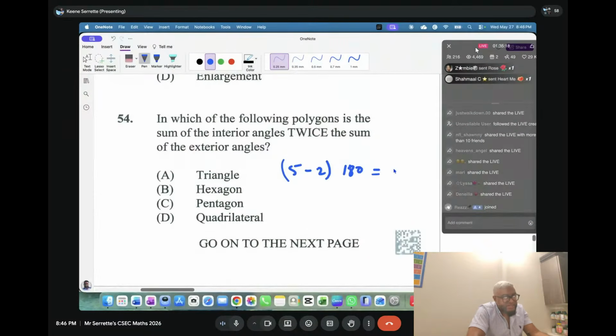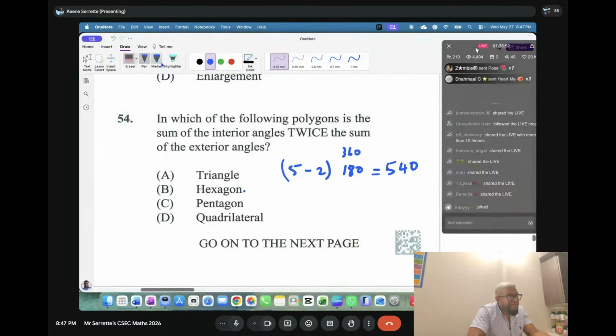The sum of the interior angles will be 3 by 180, which is 360 plus 180, 540. Yeah, that's why I'm saying this is wrong.